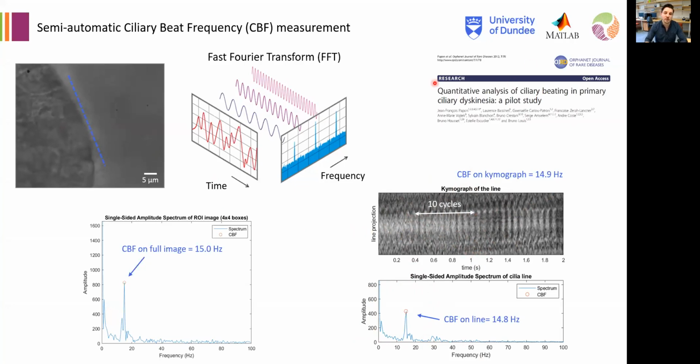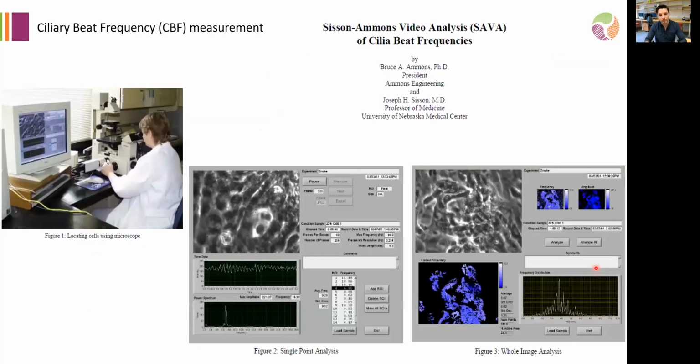The way it was done in this paper from 2012, on which my whole analysis in Dundee is based, is to do all 3 measurements. By doing those 3 measurements, we make sure that this is always accurate.